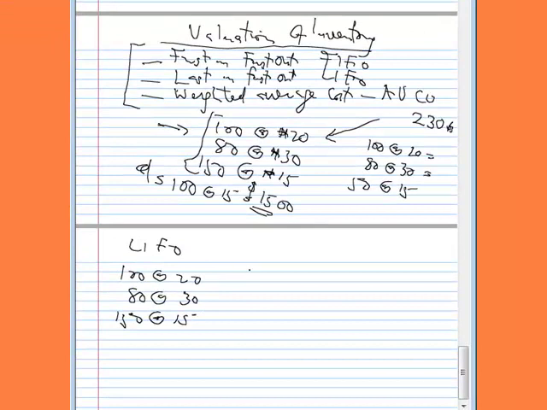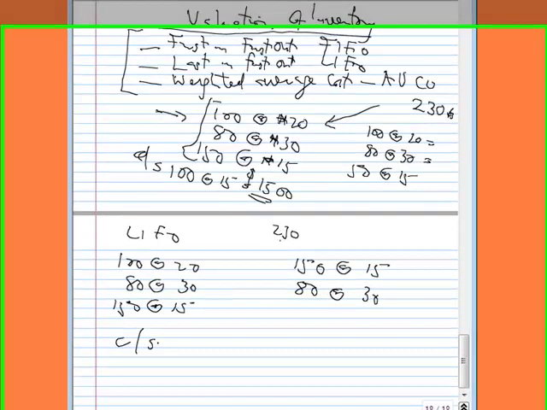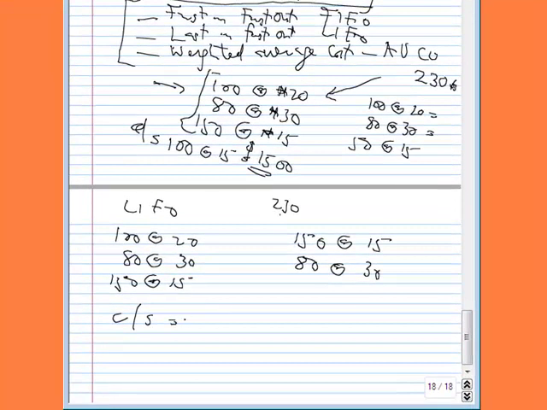Production needs 230 units. We start from the last, so the first to go out will be 150 at 15. Then we need 80 more. Then we take 80 at 30 naira. Then our closing stock remains 100 units, 100 at 20 naira.